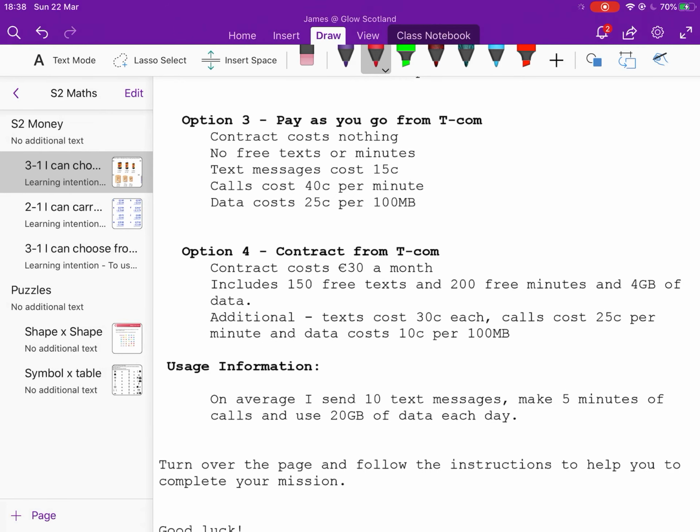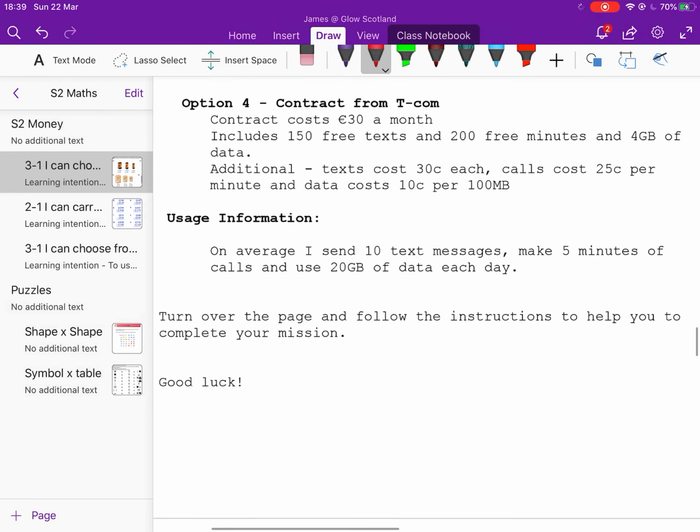Option 3 from T-Com, again no contract because it's pay as you go, so no free texts or minutes, but we've got 15 cents per text message, 40 cents per minute for calls and 25 cents for 100 megabytes of data.